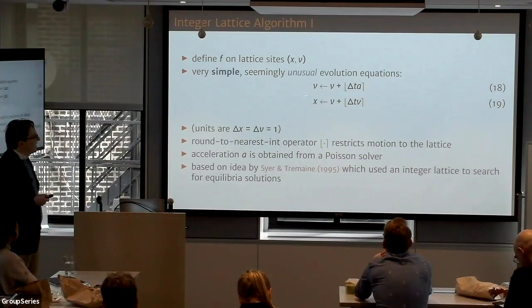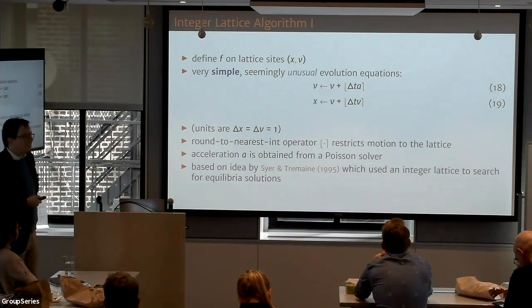So the velocity is going to be updated by your acceleration field. And here I've applied this rounding operator, so I'm just rounding to the nearest integer. It's a way to make sure that the particles stay on these lattice locations.